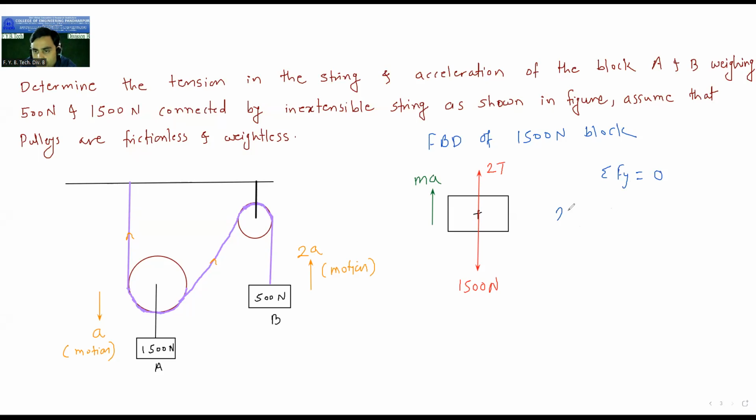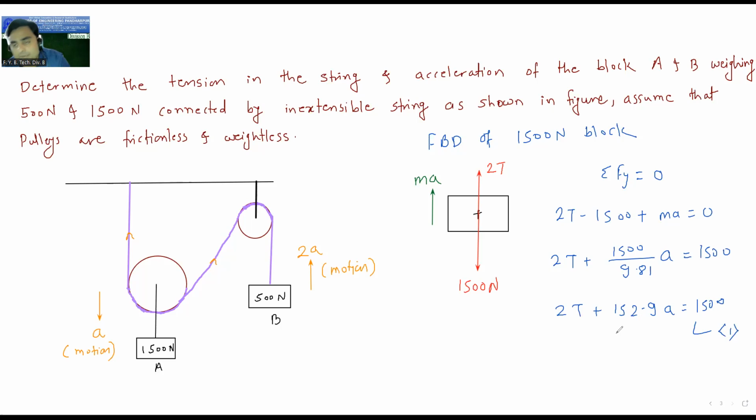It is 2T minus 1500 plus MA equal to 0. 2T plus M, which is 1500 divided by 9.81, into A is equal to 1500. 2T plus 152.9A is equal to 1500. This is equation number 1. Please check the values.